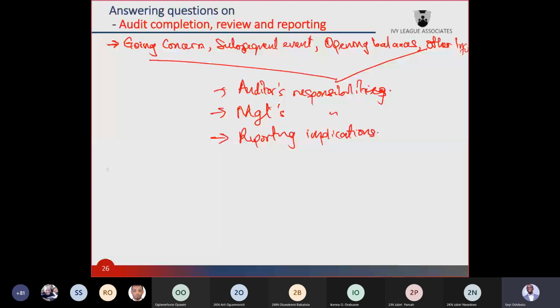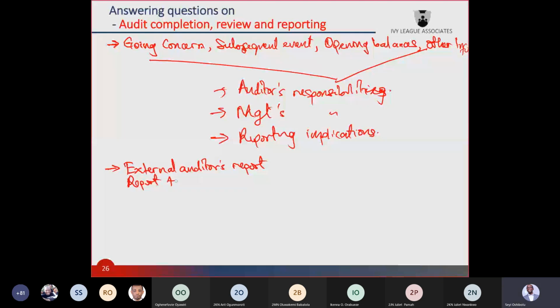Next, what's the next thing that I should do? Go and comb these 2 standards or areas, external auditors' reports and reports to those charged with governance.